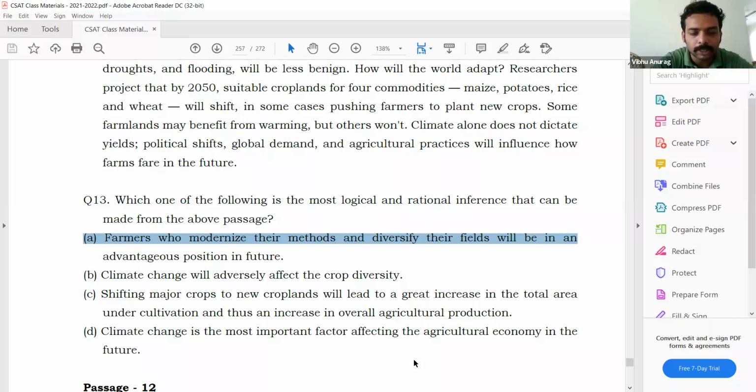So we can't go for that option. Okay, hope that's clear.